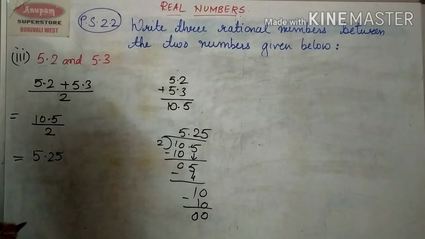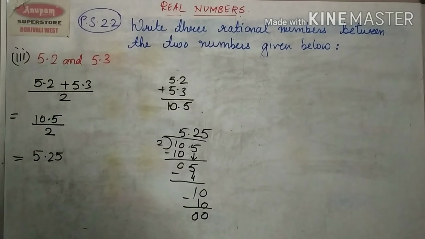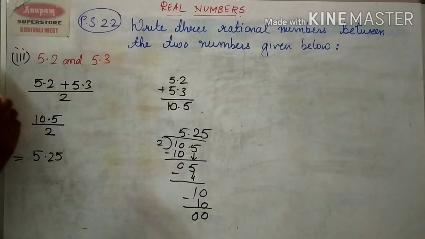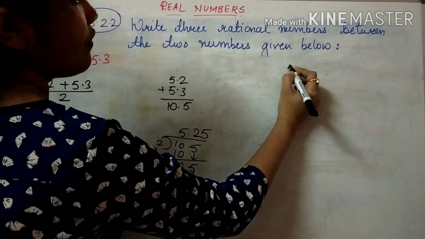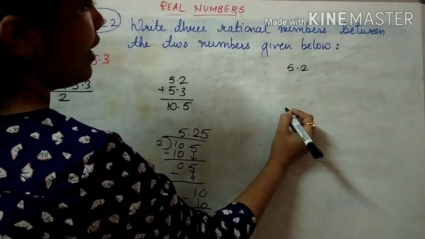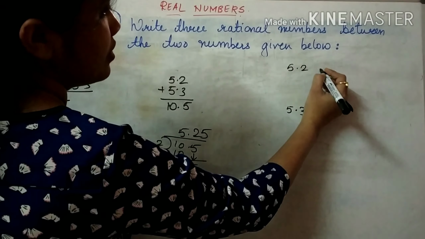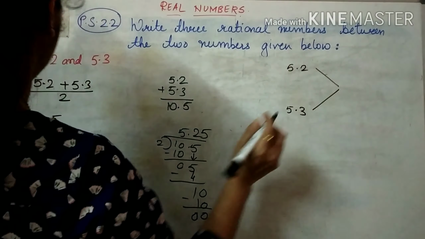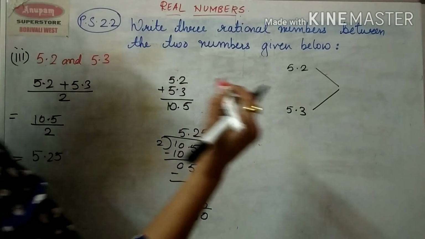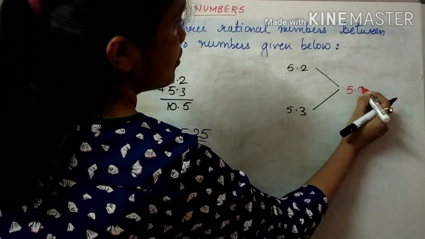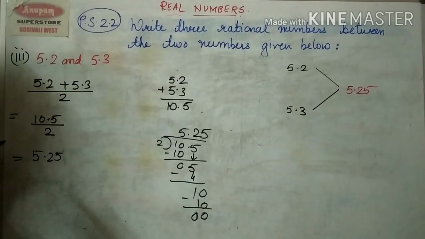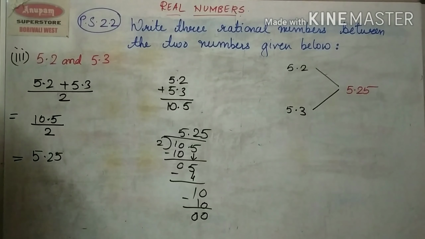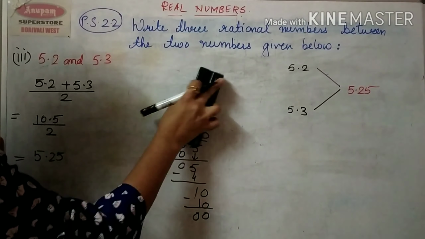But 5.25 is a number which is lying exactly between 5.2 and 5.3. Let me understand this. Suppose 5.2 is a number and 5.3 is a number. The number which is lying exactly in between them is 5.25. Okay. So I want 2 more numbers that will lie between both of these.